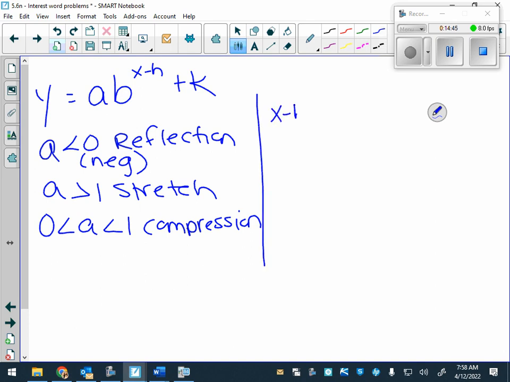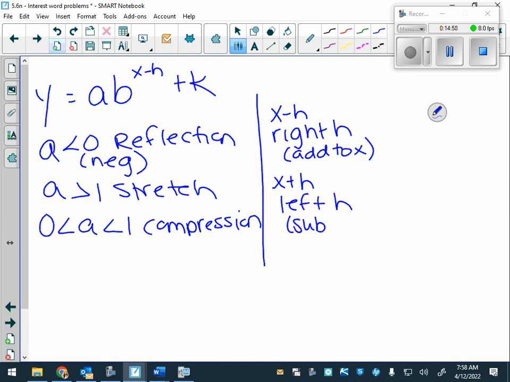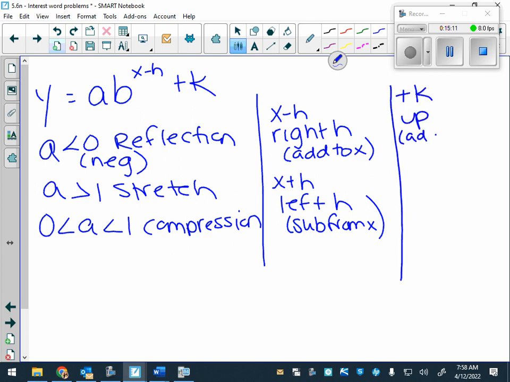Then x minus h, you're moving to the right, h units, so you add to x. X plus h, you're moving to the left, h units, you subtract from x. Okay? Then up, so add to y, subtract.